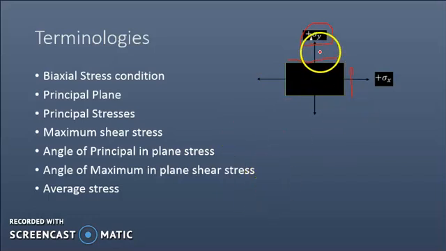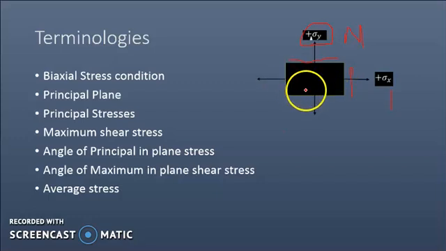Therefore, if sigma x is greater than sigma y, then we call sigma x the major principal stress, and we call the other the minor principal stress. Similarly, the maximum shear stress: when we apply a load on this, there will be shear, and the point where the maximum shear occurs is called the maximum shear stress.